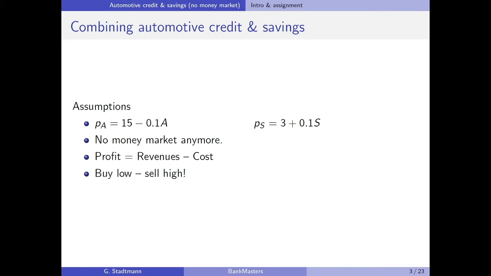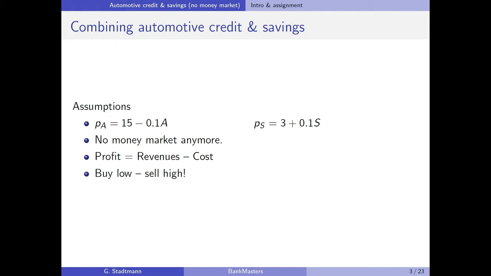The other thing that we have to say is the function of profit. It is given as revenues minus cost. Here we have to think of which part is generating revenues and which part is incurring cost for the bank. PA, which is the demand side, is generating revenues for the bank because the bank is giving credit to the customers.